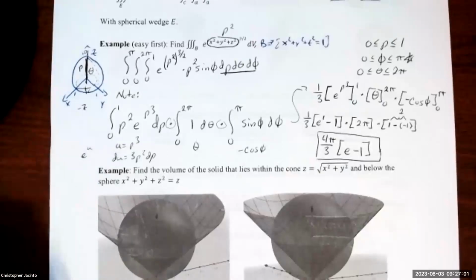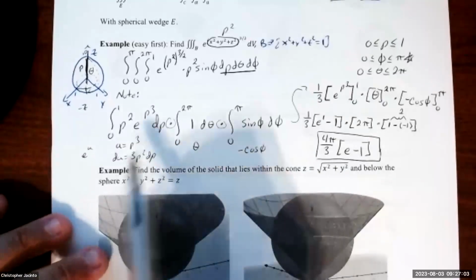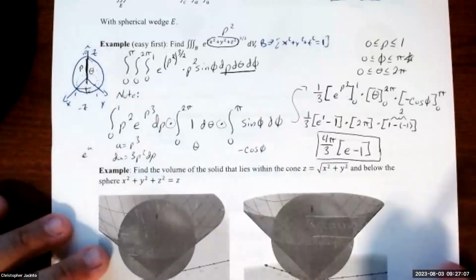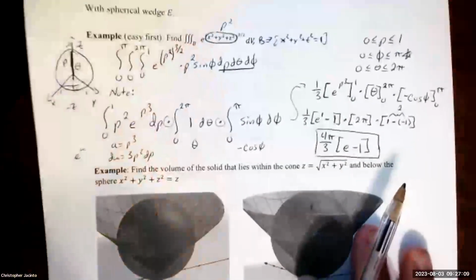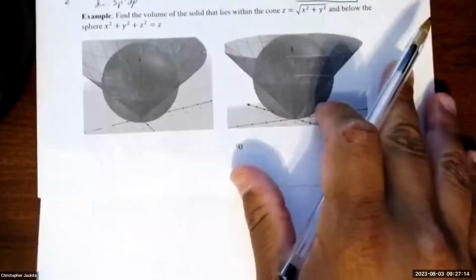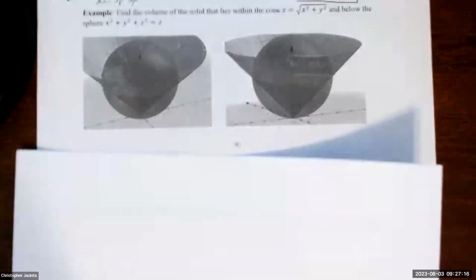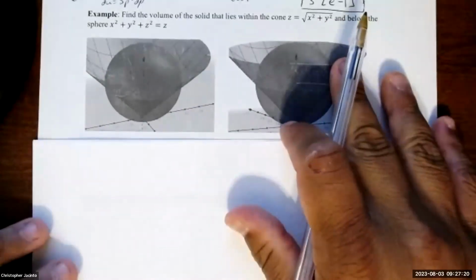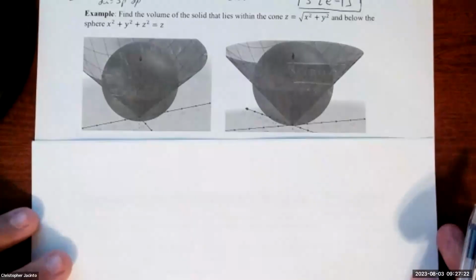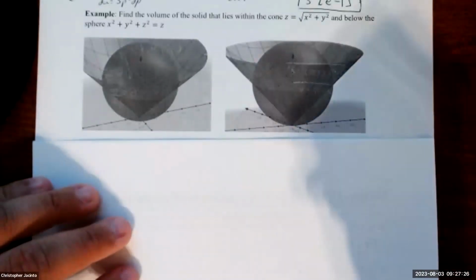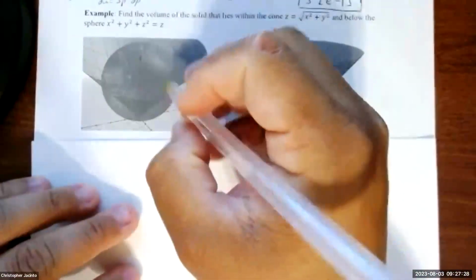So I say it's easy because this integral wasn't that bad to do, right? So now let's do a little harder one. All right, so find the volume of the solid that lies within the cone and below the sphere. Okay, so what this is saying is I actually want this stuff right here.